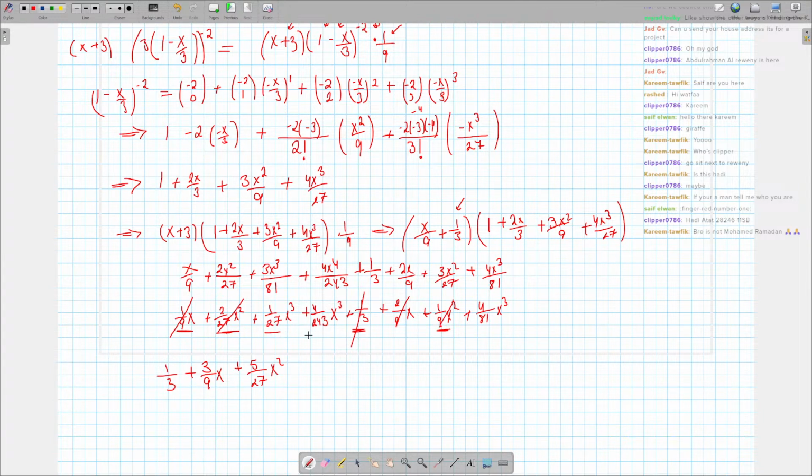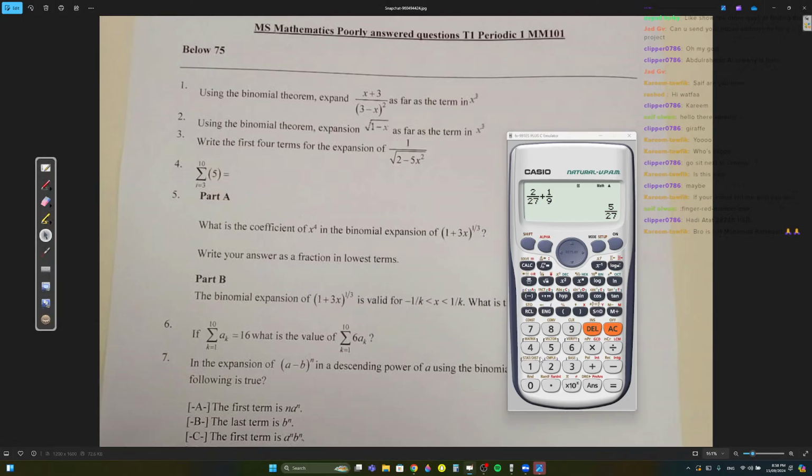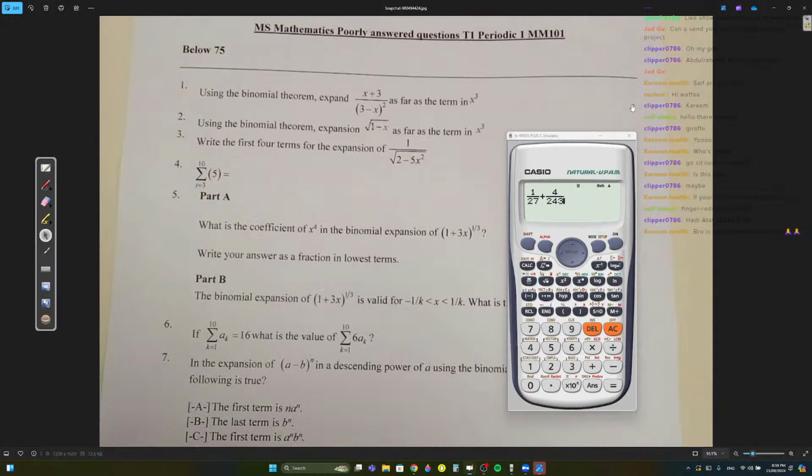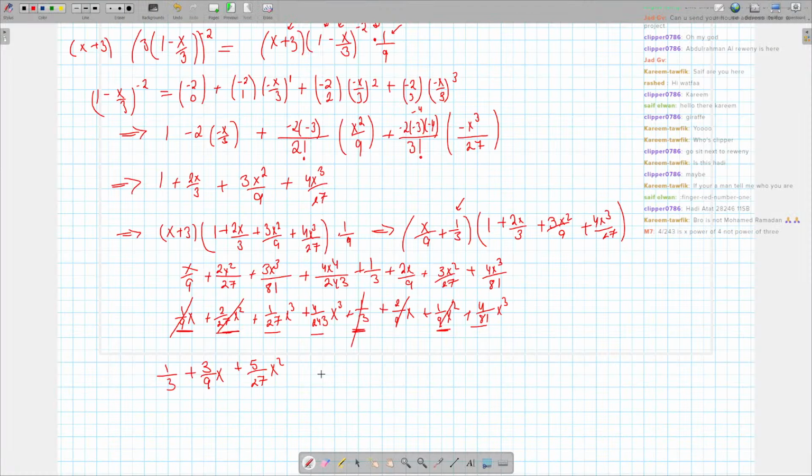Then 1 over 27 plus 4 over 243 plus 4 over 81 gives you 25 over 243 x cubed.